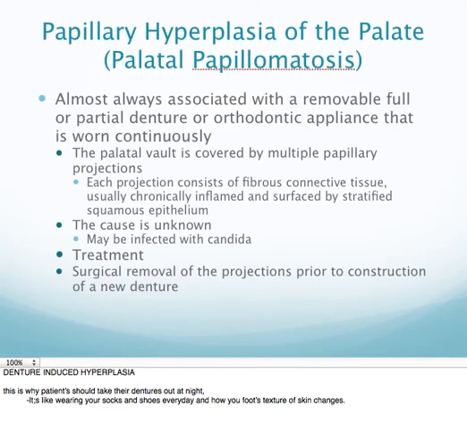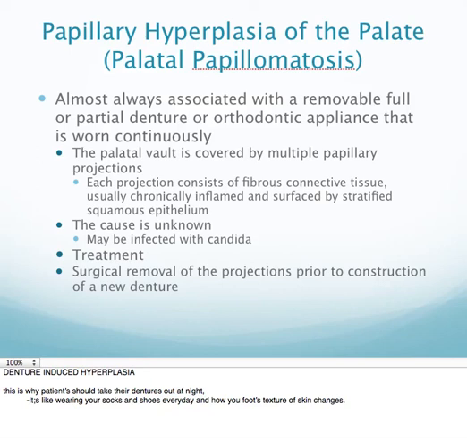Okay, papillary hyperplasia of the palate, or palatal papillomatosis. Almost always associated with a removable or partial denture. This is also known as denture-induced hyperplasia. But basically, the palatal vault is covered by multiple papillary projections.